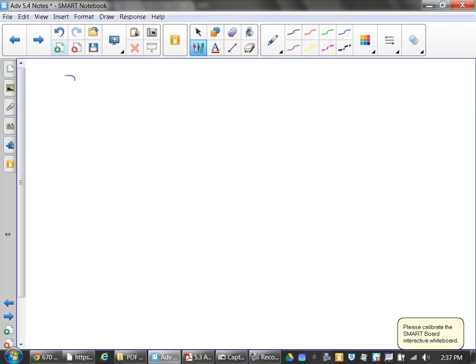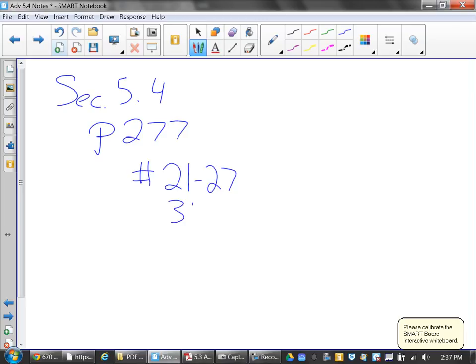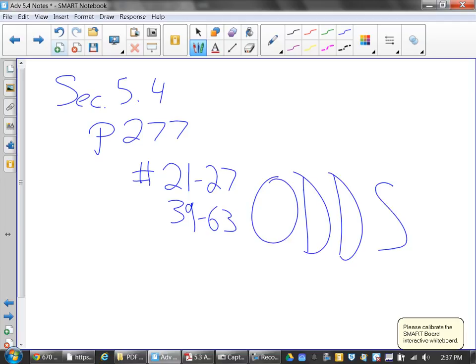So tonight, do these. It's section 5.4, page 277, problems 21 through 27, 39 through 63, and then write odds and big letters. All right? On these things, make sure you check your work. Don't freak out if some of your fractions look a little bit different than what you're getting in the back.